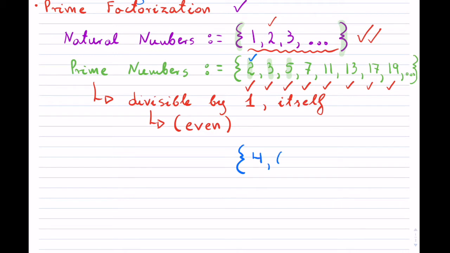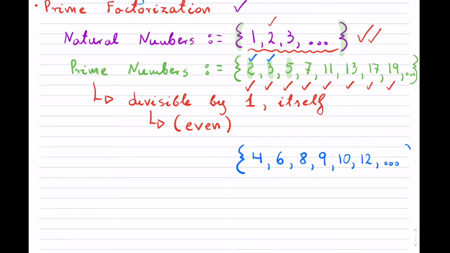Next one is 6. 6 again is not prime because 2, or actually 3, would go into it evenly. 8, same problem. 2 will go into 8, so 8 cannot be prime. 9, 2 will not go into 9, but 3 does. Therefore, 9 cannot be prime because there is another number that goes into it. And you can do this for 10, 12, and so on.